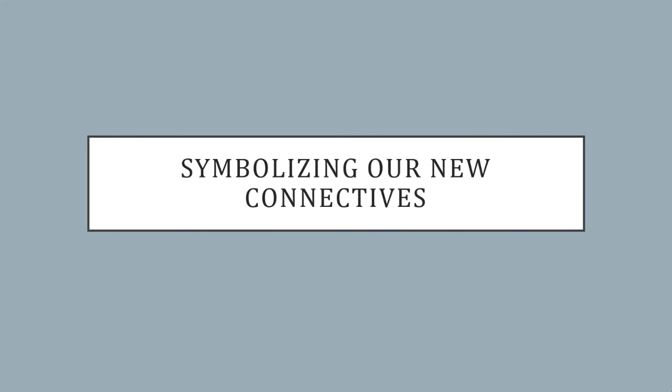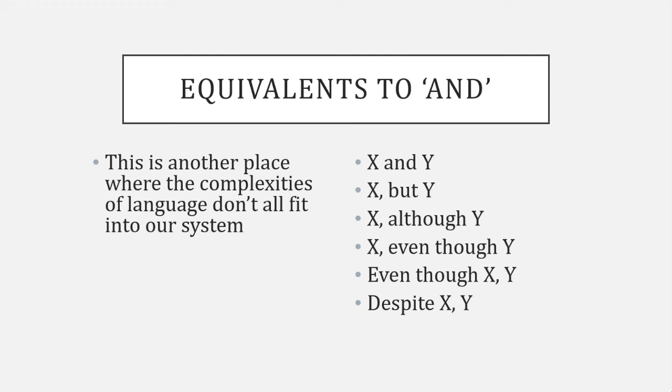Okay, so let's talk about symbolizing these a little bit. Just like with conditional and negation, we've got a bunch of what are called stylistic variants. These are different ways of saying what add up to the same thing. Now, with and, you might not think these stylistic variants are equivalent.